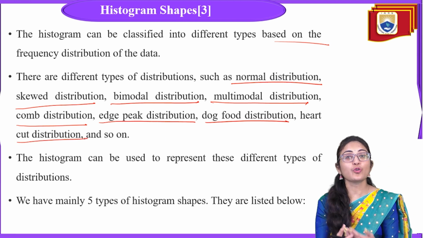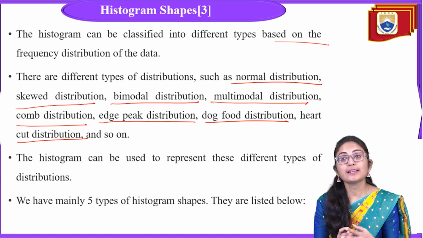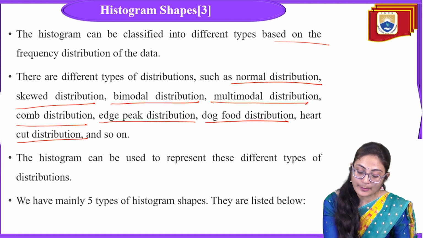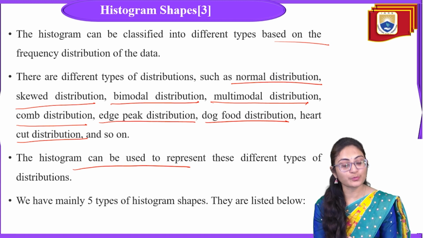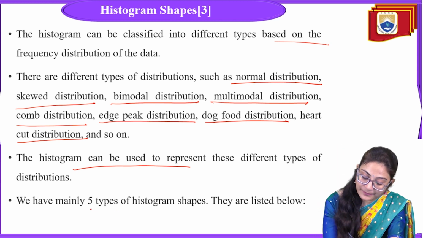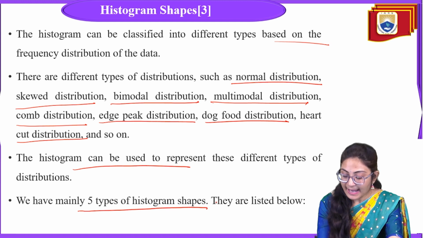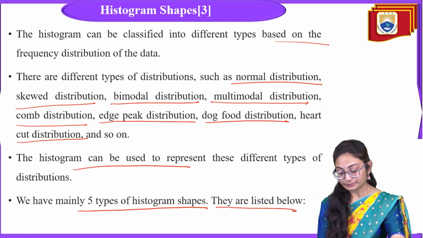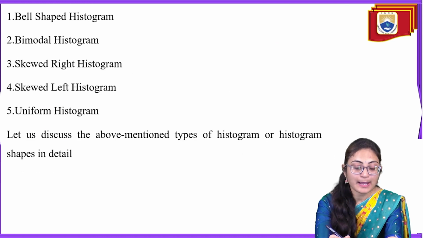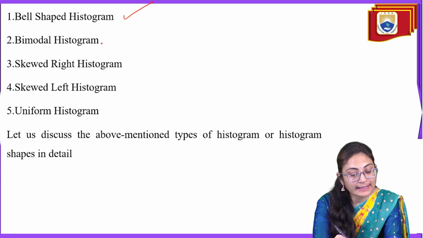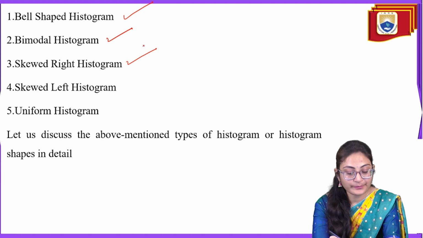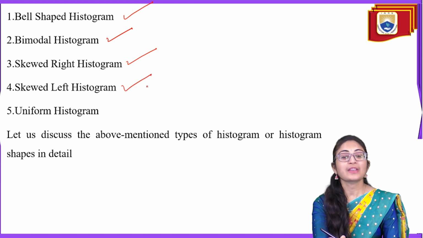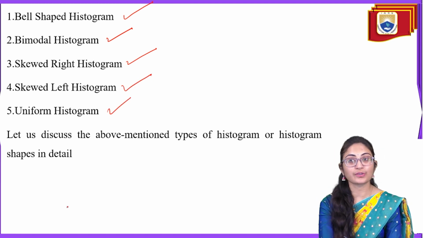That means we have seen many distributions in previous classes, and the histogram can be used to represent these different types of distribution. We have mainly 5 types of histogram shape, listed below. First is the bell-shaped histogram, then bimodal histogram, skewed right histogram, skewed left histogram, and uniform histogram.